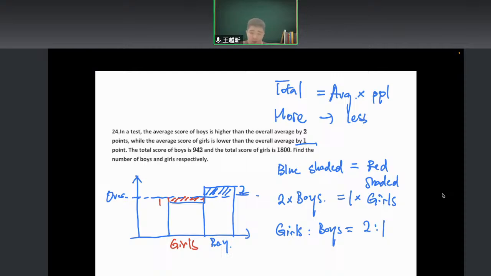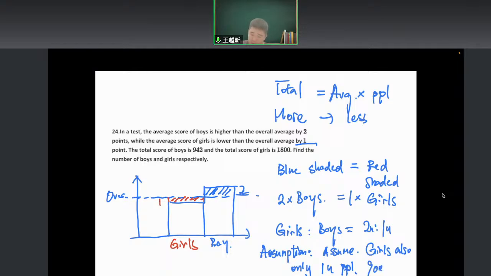Now you can try to apply the assumption method. Basically, you assume this is 2 units and this is 1 unit. Assume girls also only have 1 unit of people. That means girls will get 900 total marks.